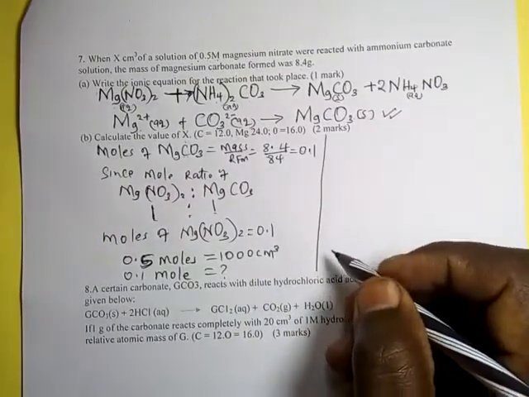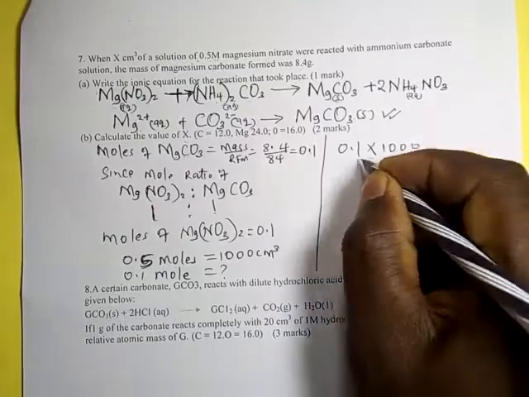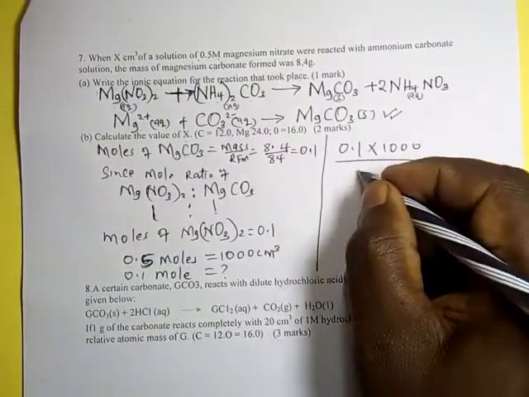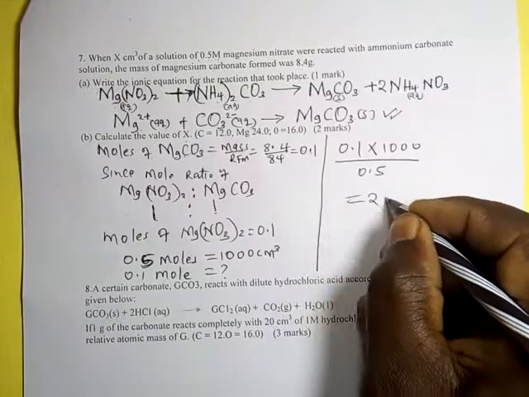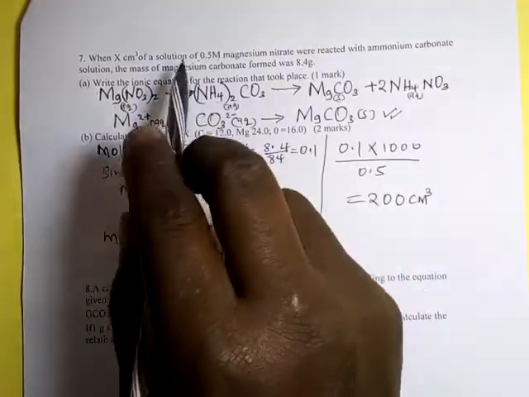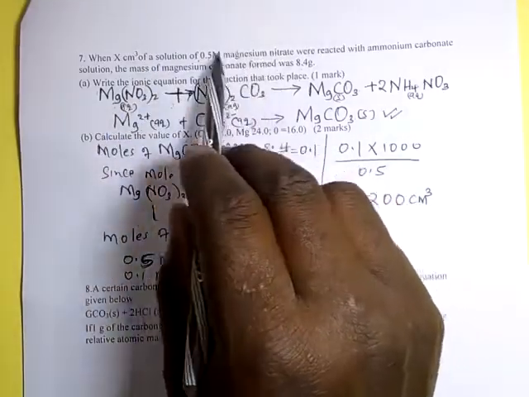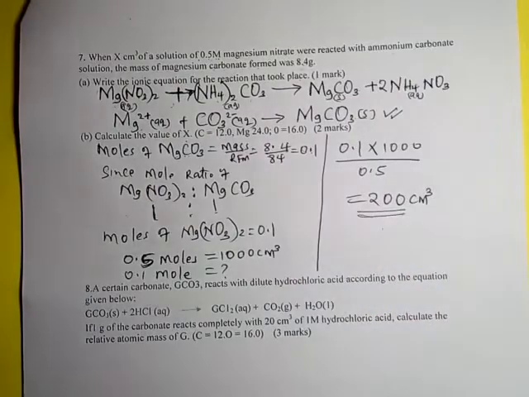So that is 0.1 times 1000 divided by 0.5, and this will give us 200 centimeters cube. So the value of x, the volume of magnesium nitrate that was used, is 200 centimeters cube.